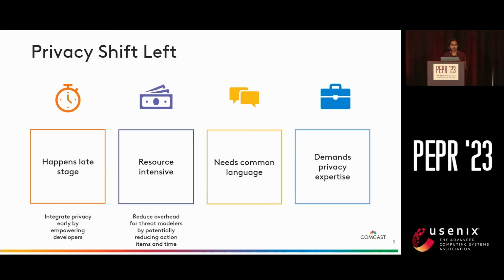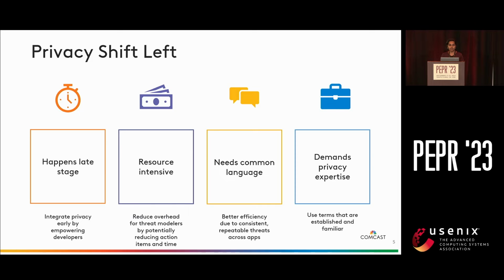So the problem that we are trying to solve is to integrate privacy early into the process so that developers can find some of these privacy threats on their own, and to build a common language, making it general enough so that no matter what kind of application it is, we can still have a common language for privacy threats.